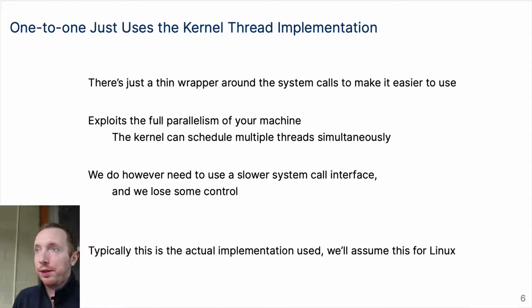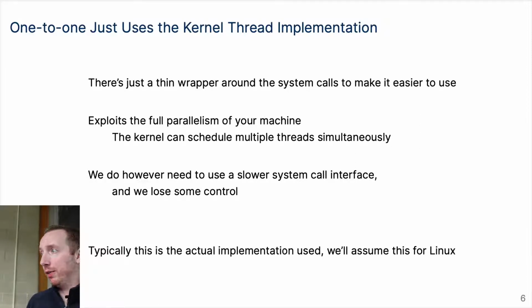So this is the way to exploit the full parallelism of your machine, because the kernel has full knowledge of everything, and it can schedule all the threads to run as it wants. But again, this has a slower system call interface, and in very, very niche scenarios, you might want to control the scheduling yourself. If you have threads that maybe have higher priority, or you know one always needs to happen before another one.